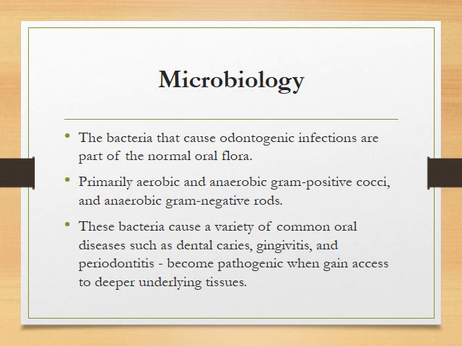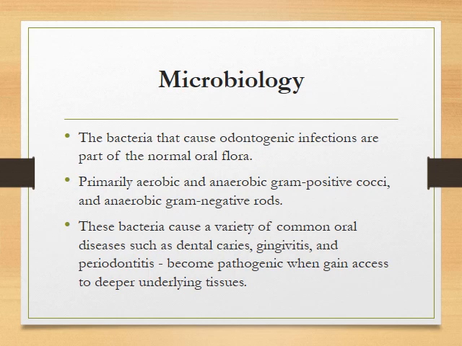Microbiology of odontogenic infection. The bacteria causing odontogenic infections are part of the normal oral flora, which is usually found on the plaque on the tooth, on the mucosal surfaces, and in the gingival sulcus. These bacteria found in odontogenic infections are primarily aerobic and anaerobic gram-positive cocci and anaerobic gram-negative rods.